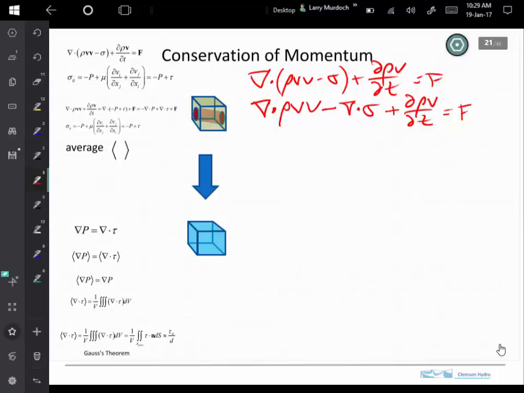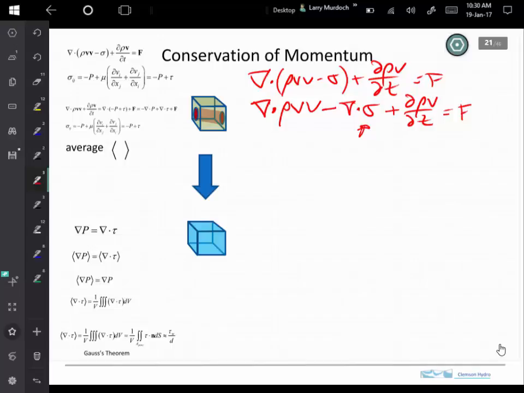Okay? All right, so now what we have to do is look at the stresses within the fluid. We're going to have two kinds of stresses. If we look at a block of fluid, we're going to have stresses from the pressure and stresses from the shear as the molecules flow past one another.